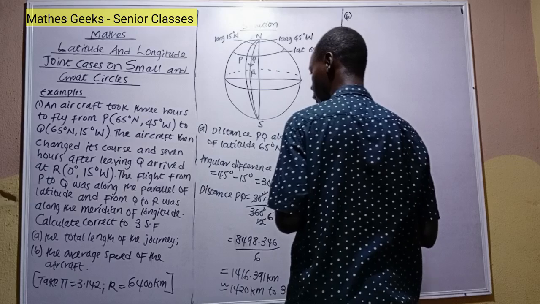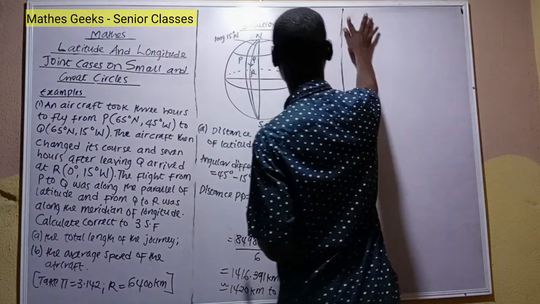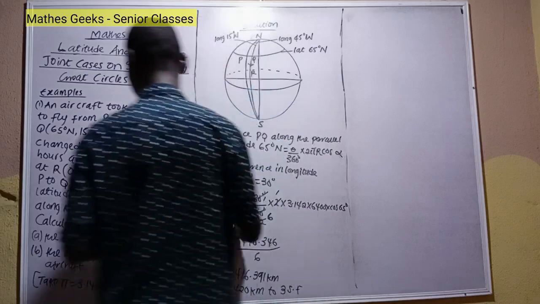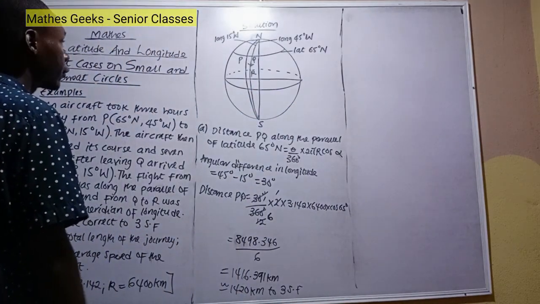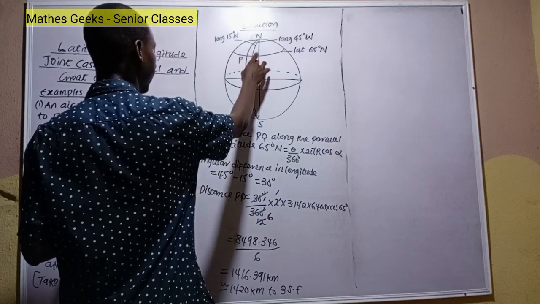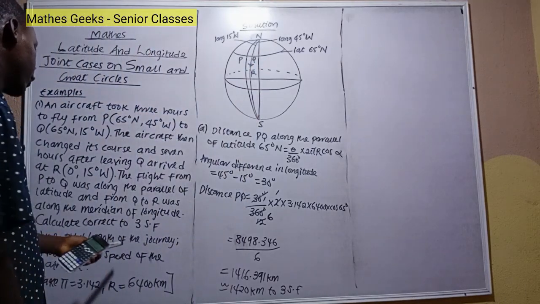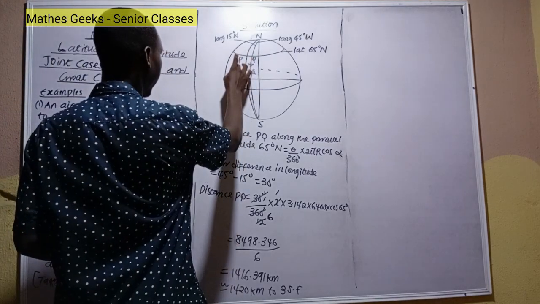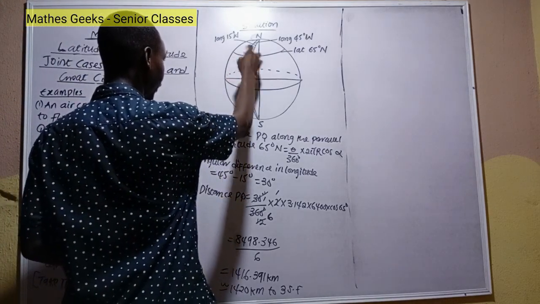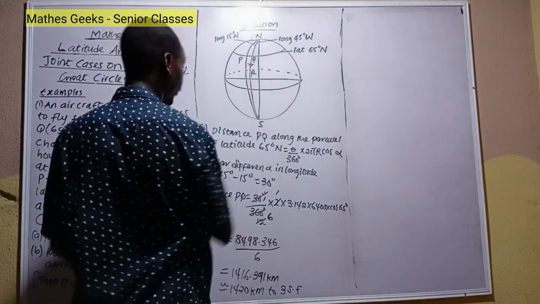So A, no, not yet. That's distance PQ. The next one is to look for distance QR. Because the question says we should get the total length of the journey, and there were two phases of the journey. The first phase was that the aircraft flew from P to Q, along a parallel line of latitude, 65 degrees north.